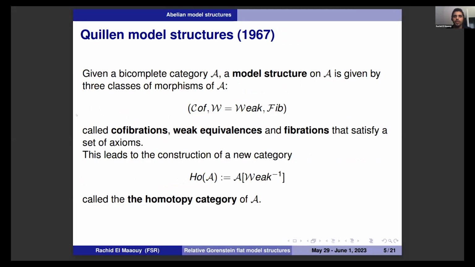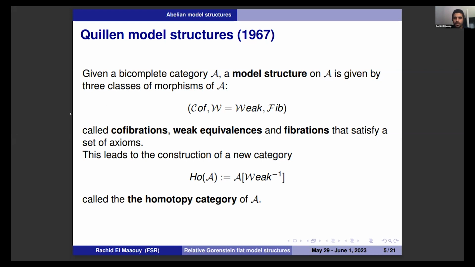A model structure over a big complete category is simply three classes of morphisms: cofibrations, weak equivalences, and fibrations, satisfying some axioms. And with these axioms, we can construct a new category called the homotopy category. And inside this category, every morphism from the class W, or what is called here weak equivalences, is an isomorphism.